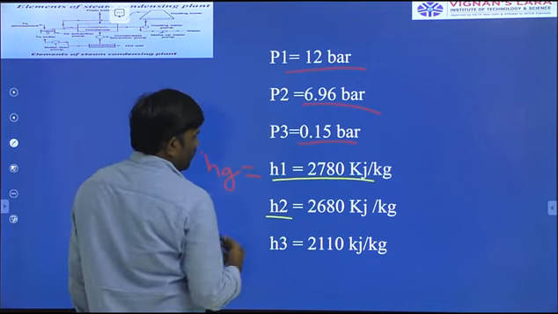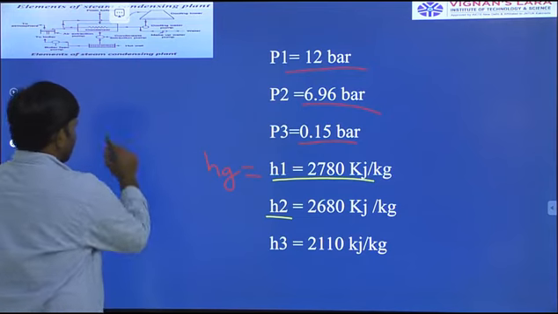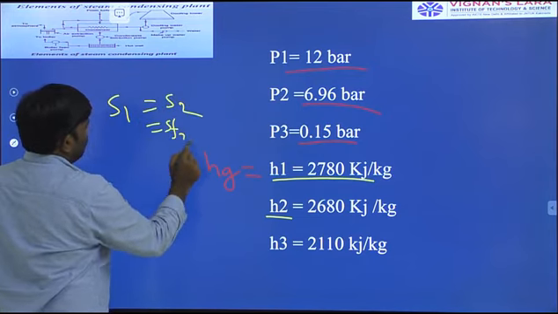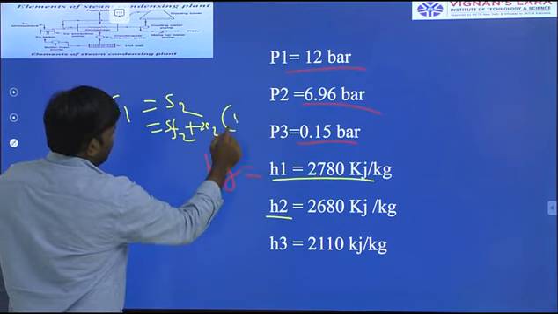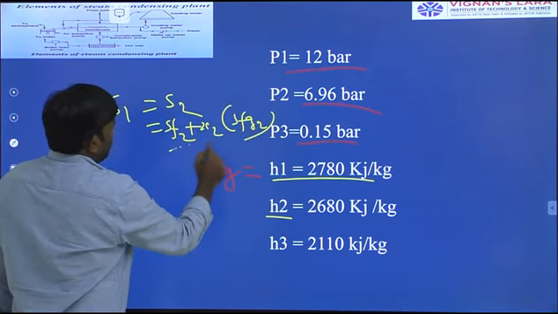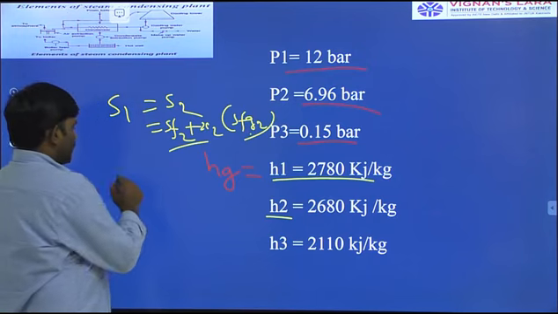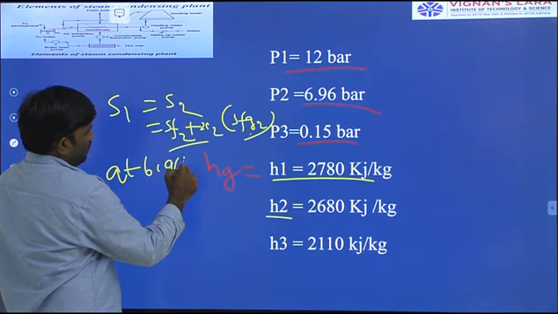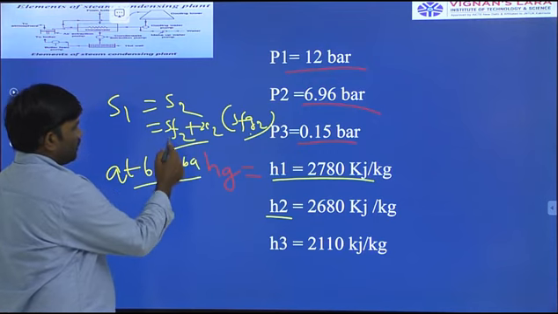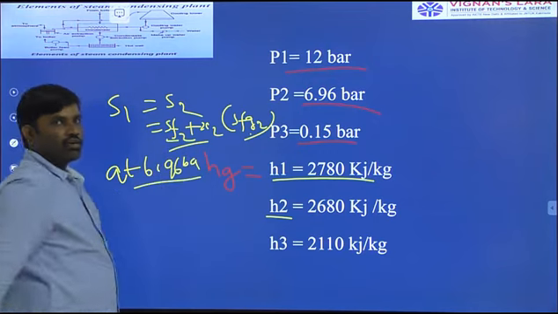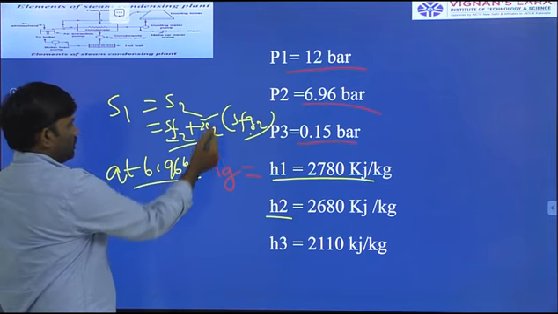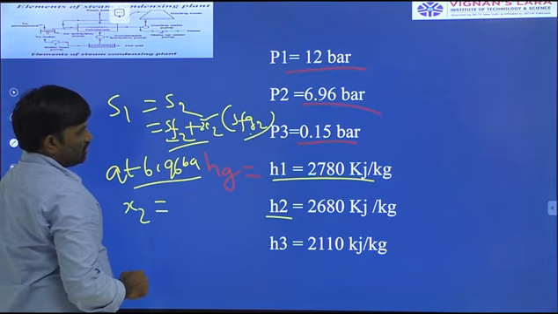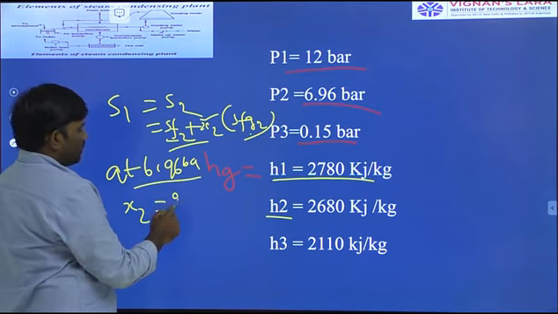And the H2 value we have to calculate by using the relation S1 is equal to S2, and S2 is equal to SF2 plus X2 into SFG2. SF and SFG values we have to take at pressure P2, that is 6.96 bar, substitute here and determine the X2 value.